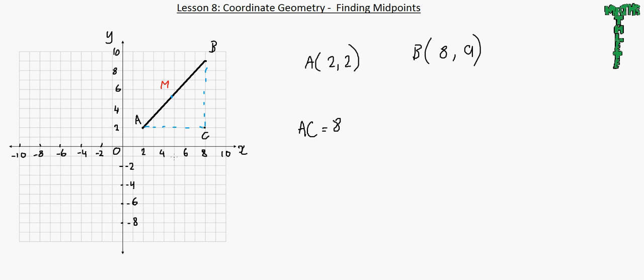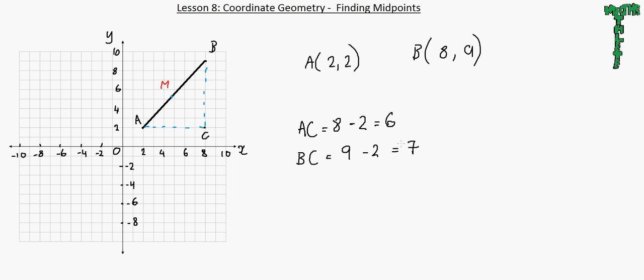And it's basically like a number line: you take the biggest number and you take the smallest number away. So 8 minus 2, and the distance is 6. And BC, 9 take away 2, which is 7.